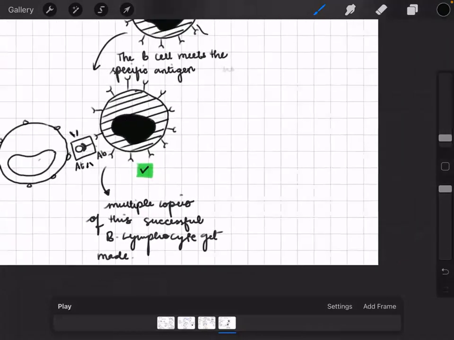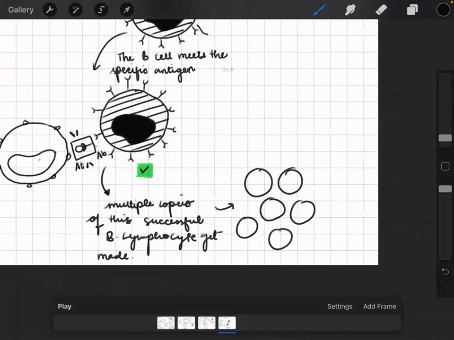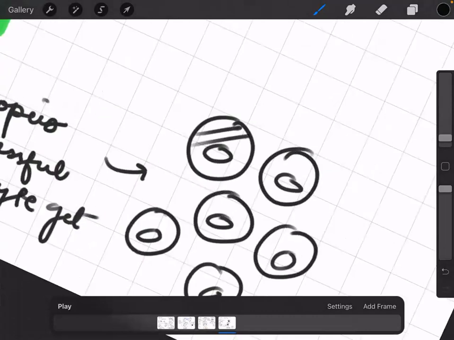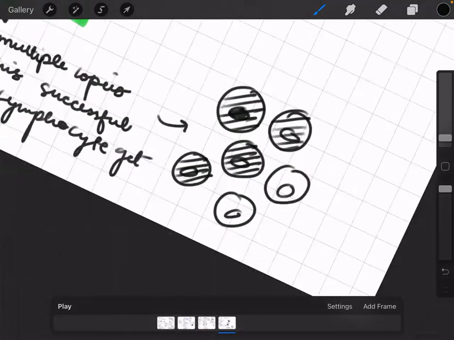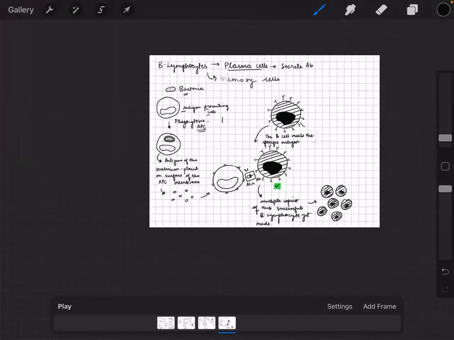Okay, and out of these multiple copies that would be made, some of them go to kill those bacteria in the higher number, whereas some of those cells will be turned into your memory cells, and they will be stored in your body, so that if this particular bacterium comes to you again, those memory cells will remember this process, and you will not have to do step 1, step 2, step 3, step 4, step 5, and then make multiple bodies in the sixth part.